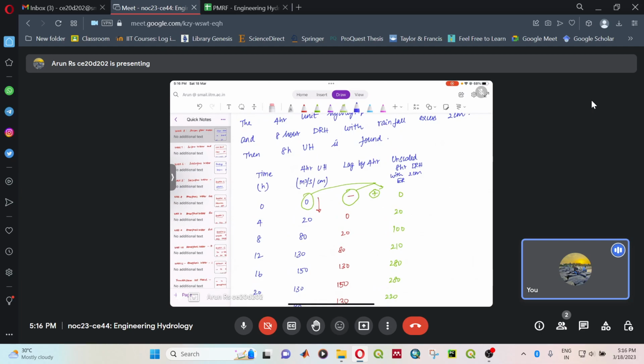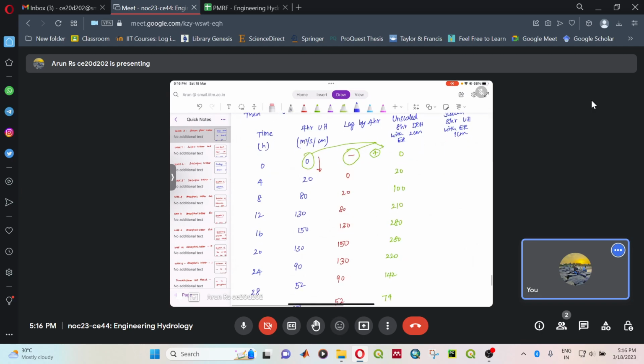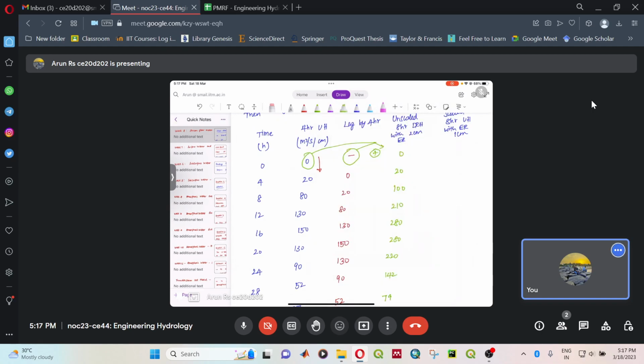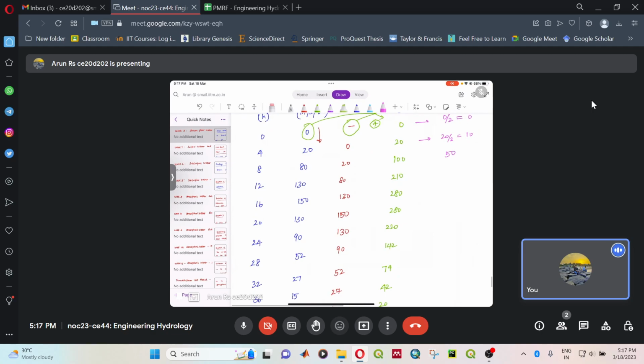Now we need the unit hydrograph, so we are going to divide it by 2. So this will be 0 by 2, and so on, we need to keep dividing.